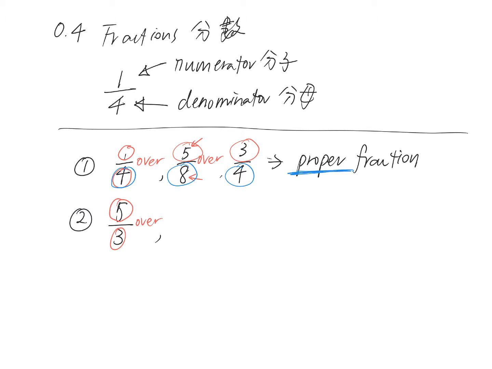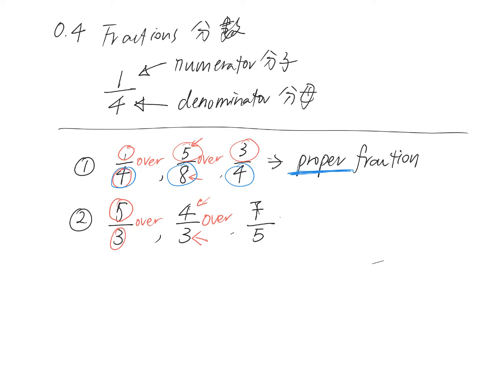Another example, let's say this one. We pronounce it as 4 over 3. One more example. To this case, I will pronounce it as 7 over 5.